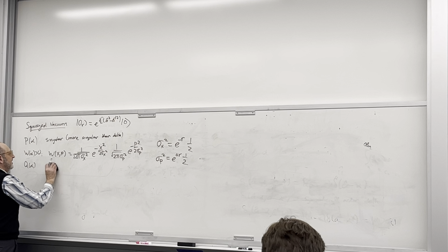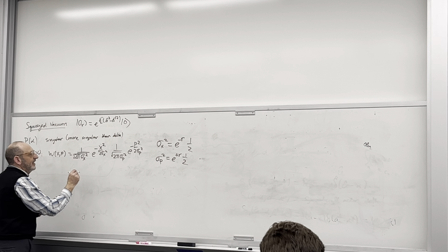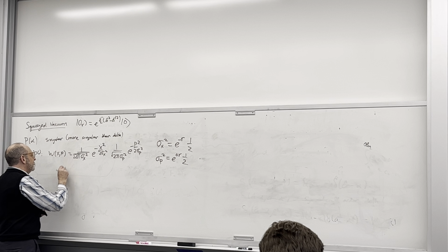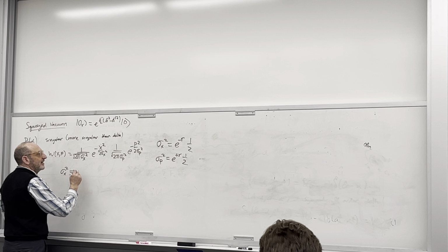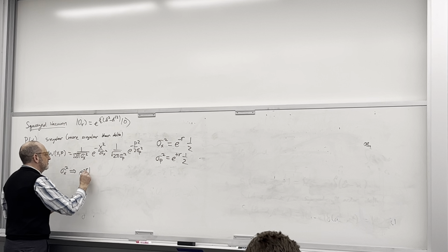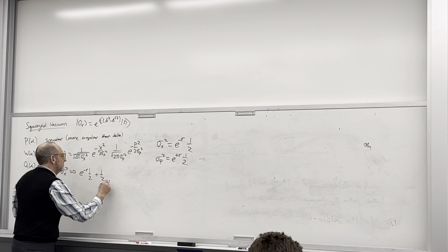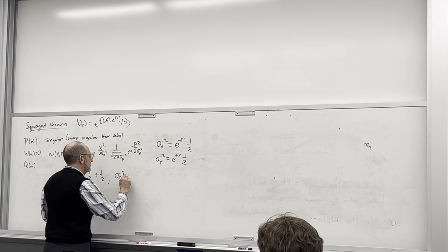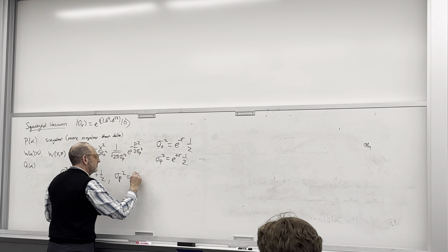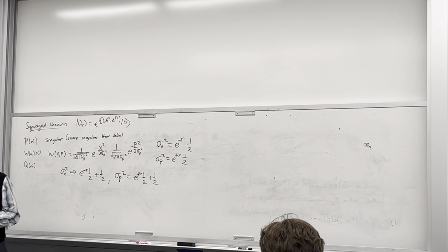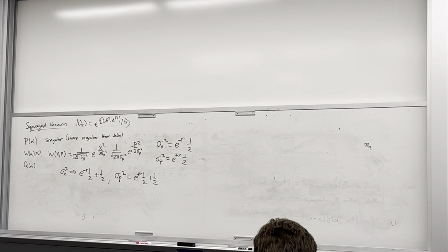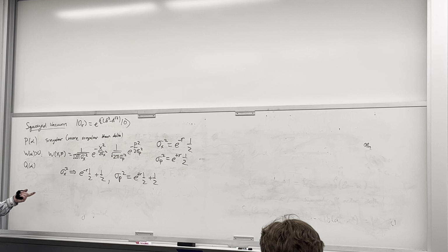Well, the Q function is going to be the same thing, but sigma x squared will go to something bigger. It'll be chubbier. It'll have a bigger variance. We'll come back to that in just a moment to understand what that means physically.